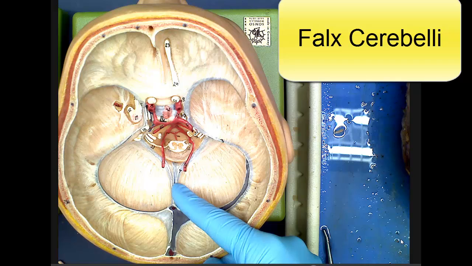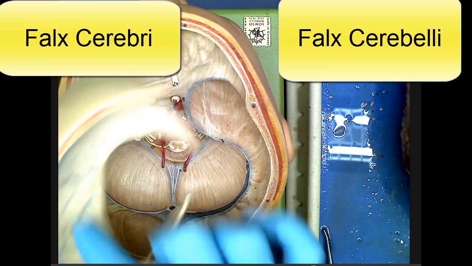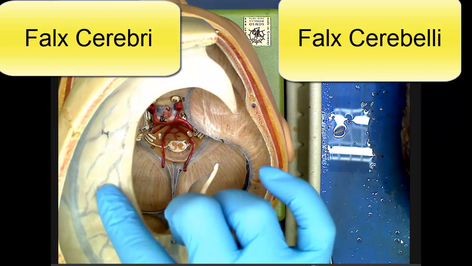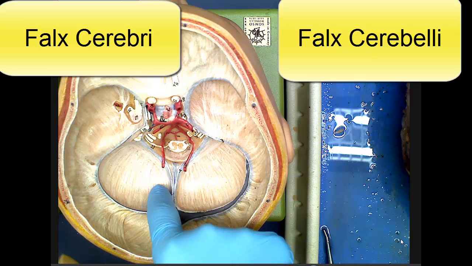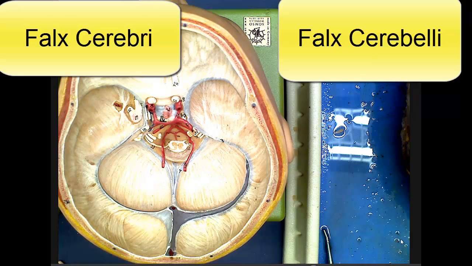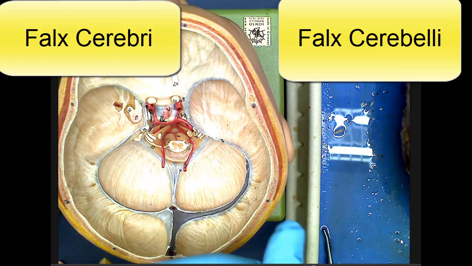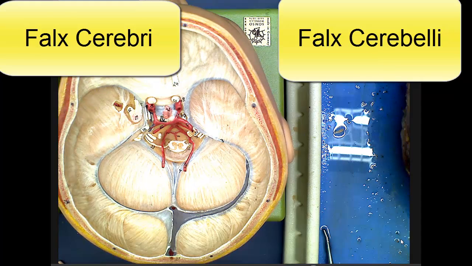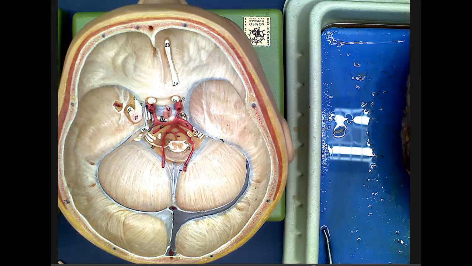Please note the difference between falx cerebri here, between the cerebral hemispheres, and falx cerebelli, between the two hemispheres of the cerebellum. They are spelled rather similarly. No forgiveness will be given for a misspelling of those two structures, so please be careful.